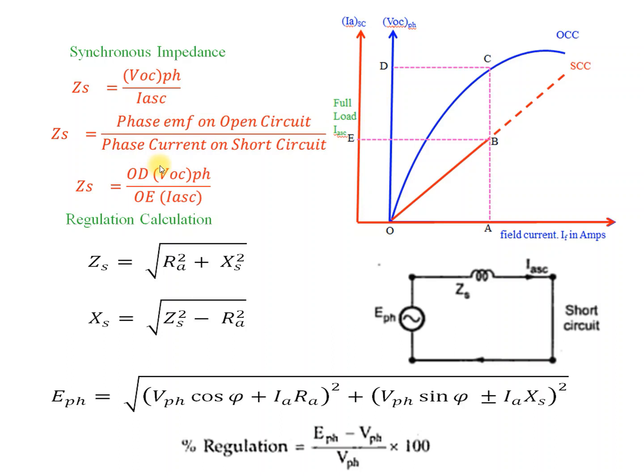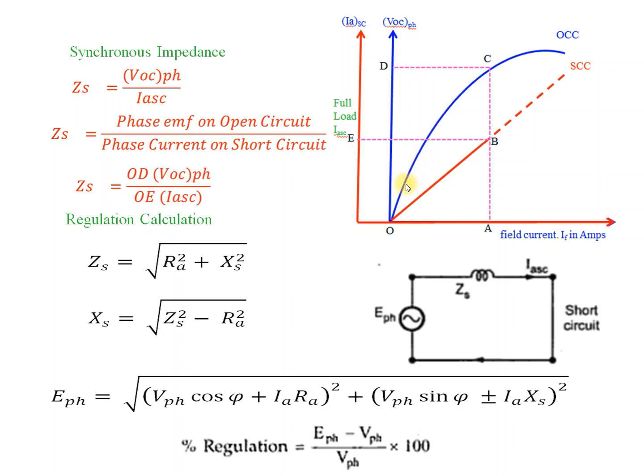But there is one problem here. If we give the field current value as small as possible, then that field current will give the open circuit voltage and the short circuit current which lie on the linear portion of this OCC curve.